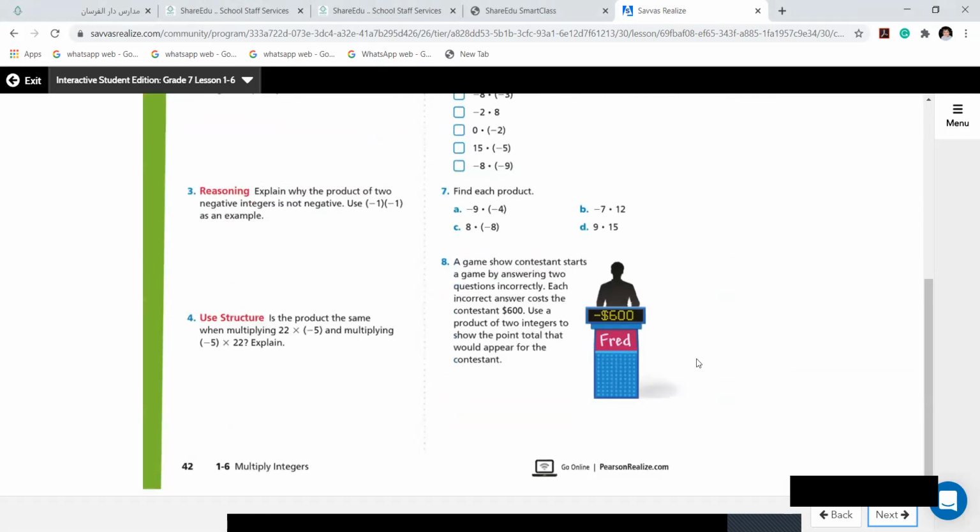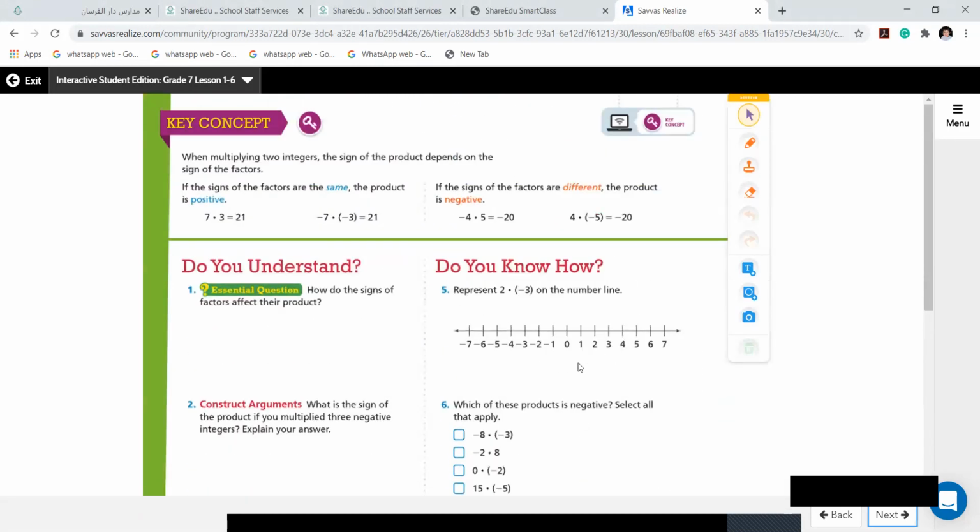Now turn to page number 42. When multiplying two integers, the sign of the product depends on the sign of the factors. If the signs of the factors are the same, the product is positive. If the signs of the factors are different, the product is negative. I taught you this, right? 4 times 5 is 20. Opposite sign, you'll put a minus sign. Right? I taught you this.